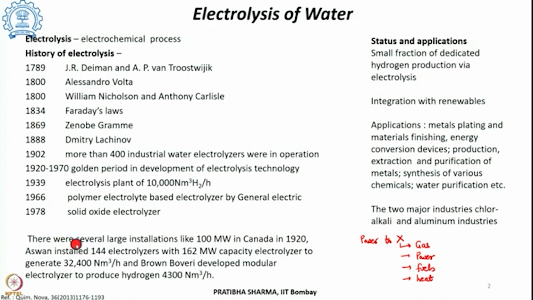There were several large scale installations even as early as the early 1900s, like about a 100 megawatt electrolyzer plant installed in Canada. Then one installation had 144 electrolyzers with a capacity of 162 megawatt, and that could generate 32,400 normal meter cube of hydrogen per hour. ABB, the Asea Brown Boveri, developed modular electrolyzers that could produce hydrogen at a capacity of 4,300 normal meter cube per hour.